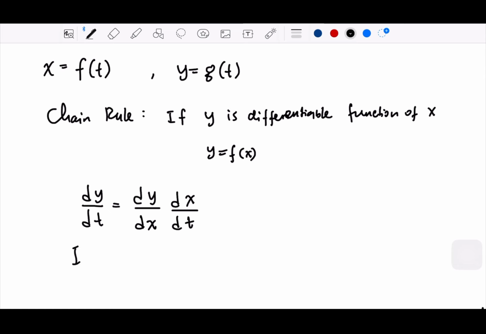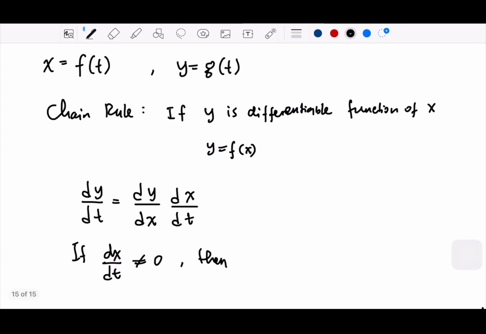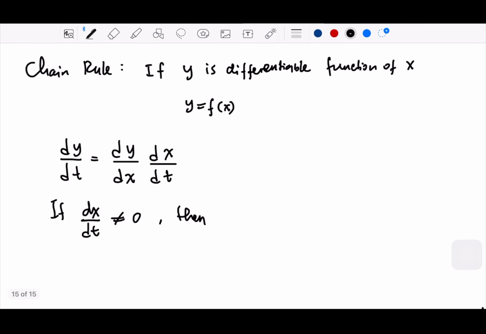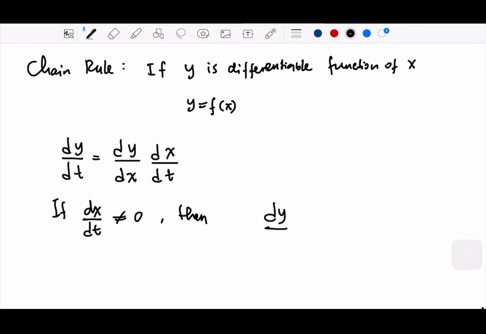And if dx over dt is not 0, then we can rewrite the formula as dy over dx is equal to dy over dt over dx over dt. This is for the tangents, right? The tangents.